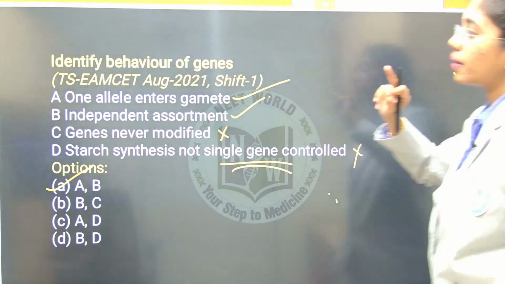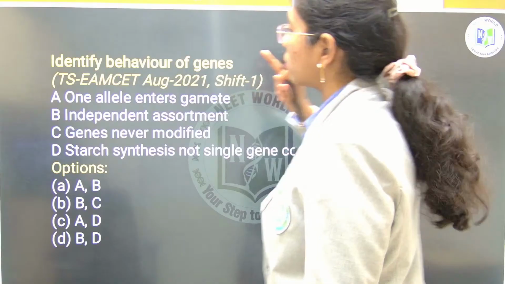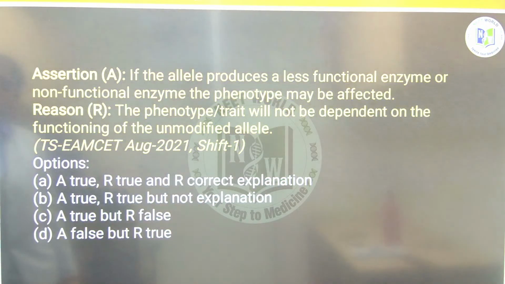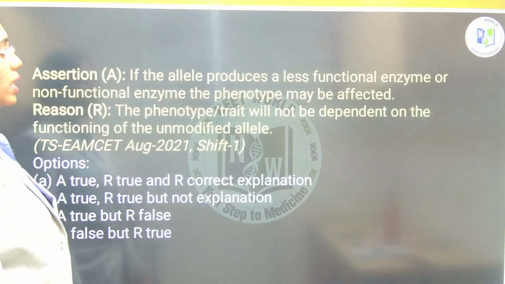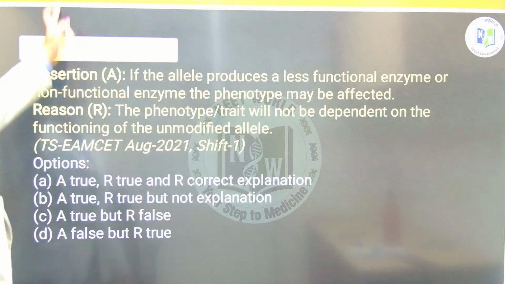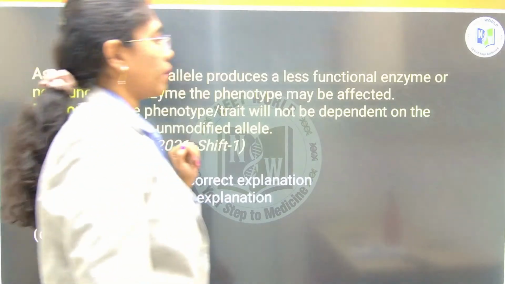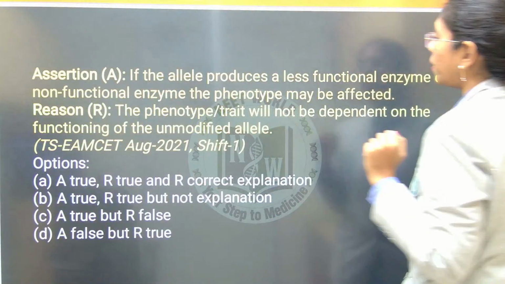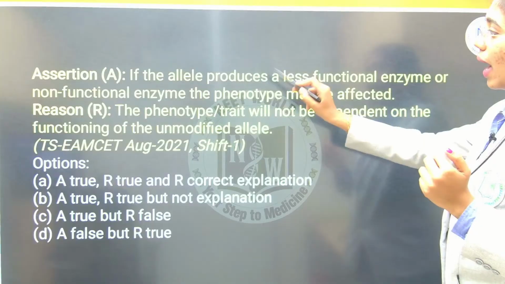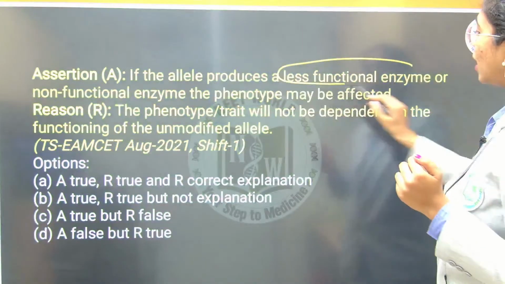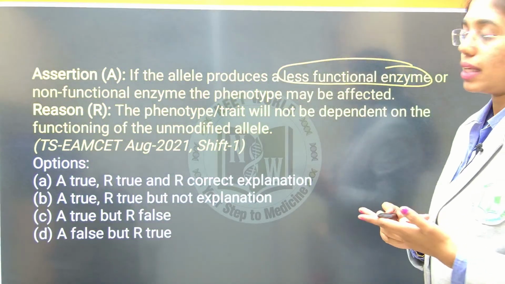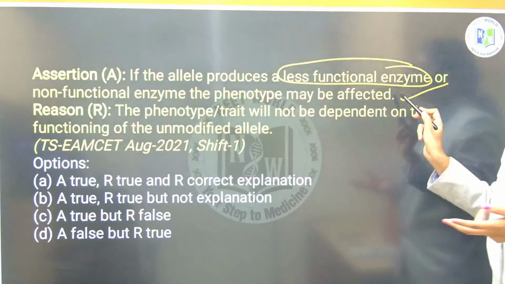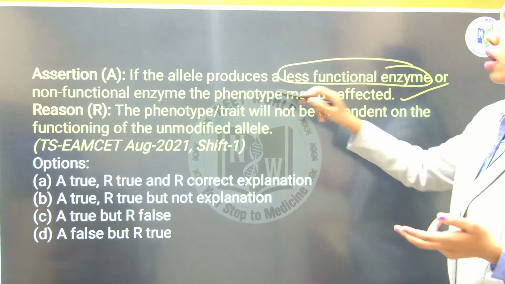And then, assertion reason type of question. If the allele produces a less functional enzyme or non-functional enzyme, yes, the phenotype will be affected. This is considered as the traits of what? Recessive allele.